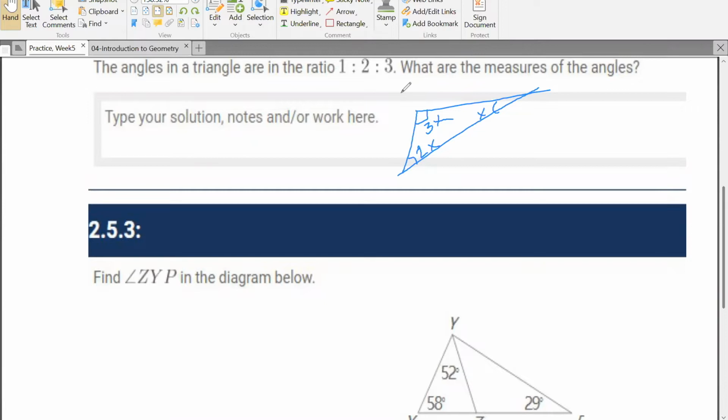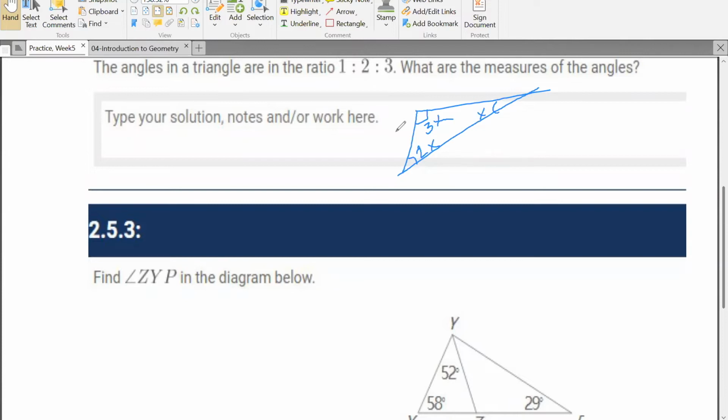Yes. Thank you, Constance. So the thing is that, see here, we talked about angles of a triangle, the internal angles of a triangle, they add up to 180. Now, if that's the case, one angle is x, the other is 2x, and the other is 3x, because the ratio is 1 to 2 to 3.